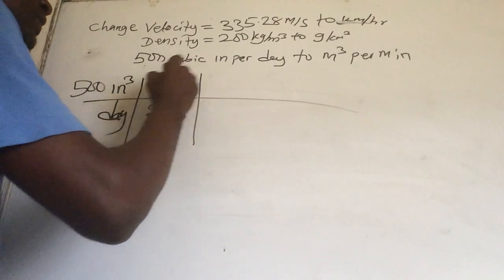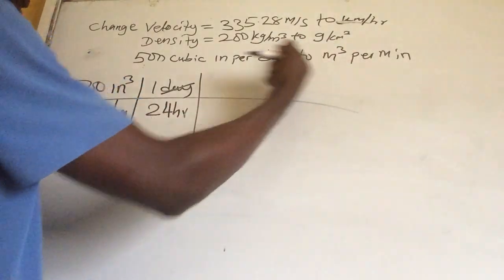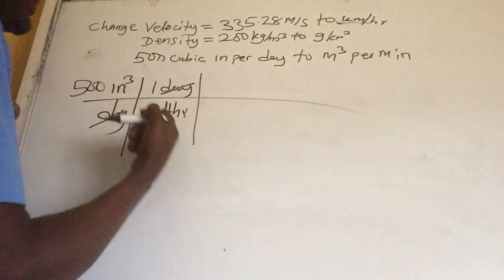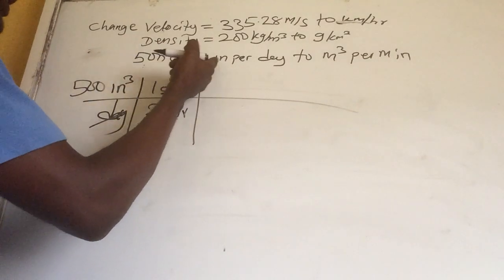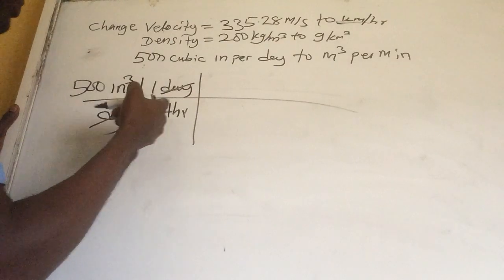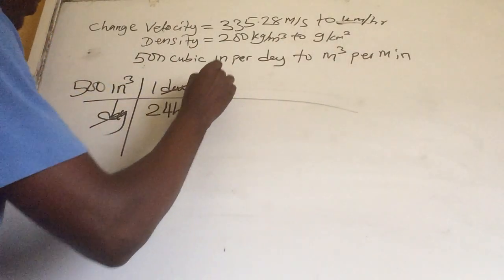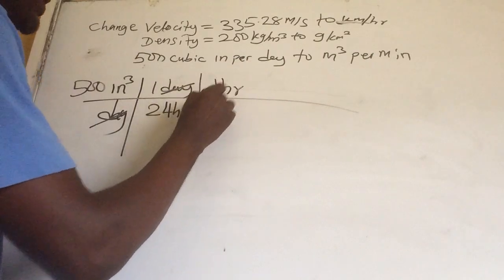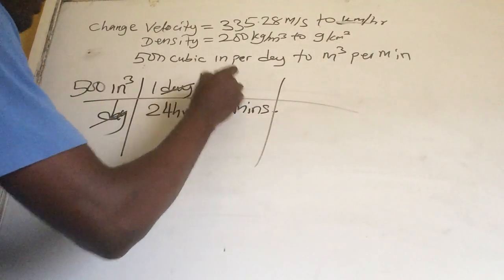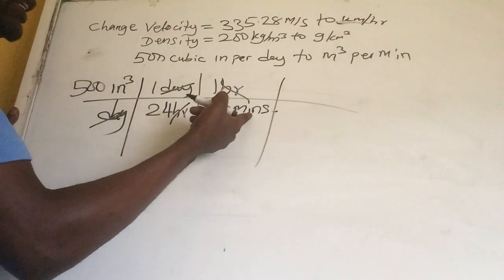Now you have day cancel day. But what we need is to convert it to meter cube per minutes. We want to change this cubic inch per day to meter cube per minutes. So day cancels day, and what I need is minutes in my time. I don't need hours. Now 1 hour is 60 minutes. Now hour cancels hour, so I have successfully got the minutes I need.